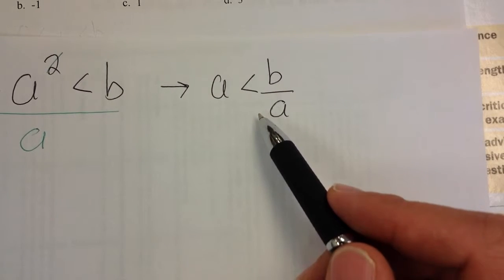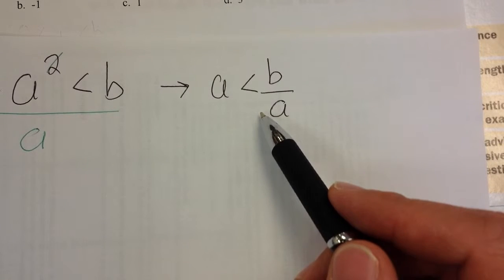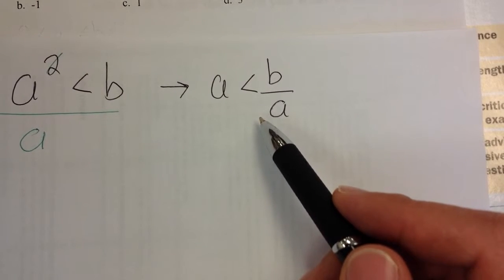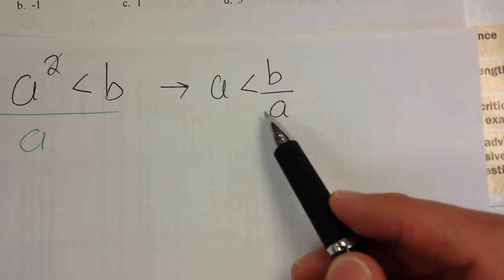A is negative. If a was negative and if we divided by it, Jake, what would we have to do? Yeah, we have an inequality here.